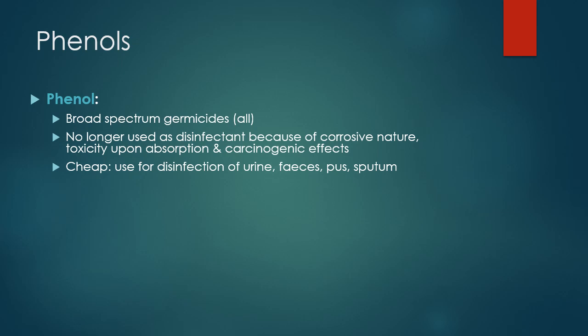Also, it causes toxicity on absorption and also have carcinogenic effect. As such, it is not used as an antiseptic nowadays, but having low cost, it is used as a disinfectant to disinfect urine, feces, pus, sputum, etc. Though still it is used as a standard for comparing other germicidal agents.